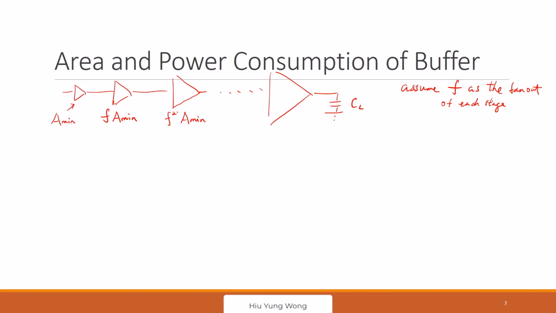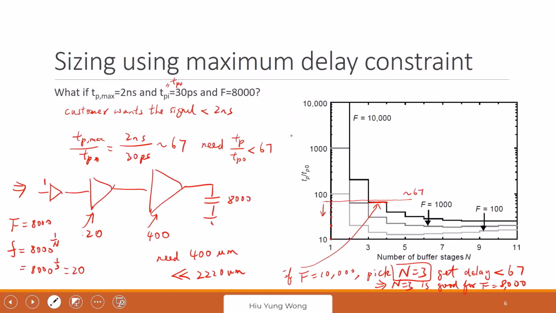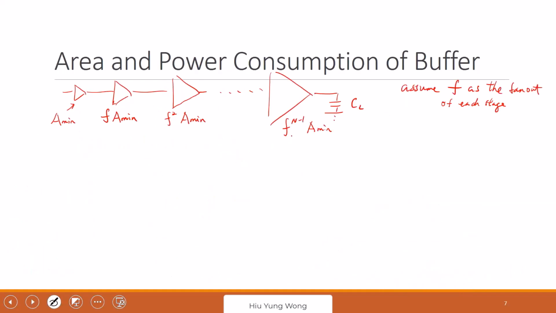So you go all the way and you have n stages. The last one, I'm going to give you the answer, is A min times f to the power n, because you have n stages. You start off with f^0, f^1, f^2, up to f to the power n. What is the total area of this circuit?